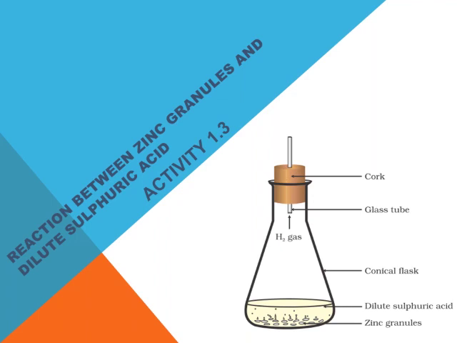I hope you all remember the last two activities which we did regarding chemical reactions or changes. Today we will do one more. As you see here, the third activity is about the reaction between zinc granules and dilute sulfuric acid, or we can also take hydrochloric acid.